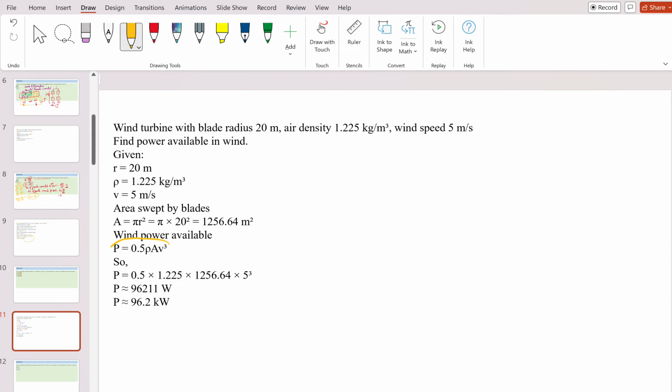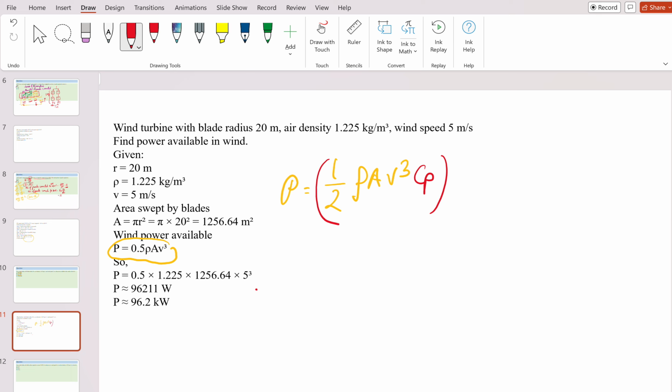So the formula basically is half rho A V cube. This is the power formula, but there is also a factor called Cp. So the overall formula is half rho A Cp V cube.